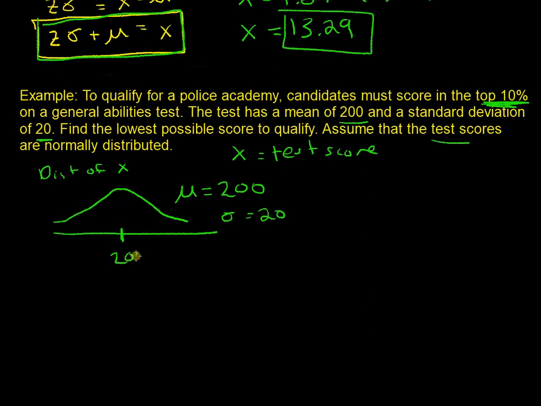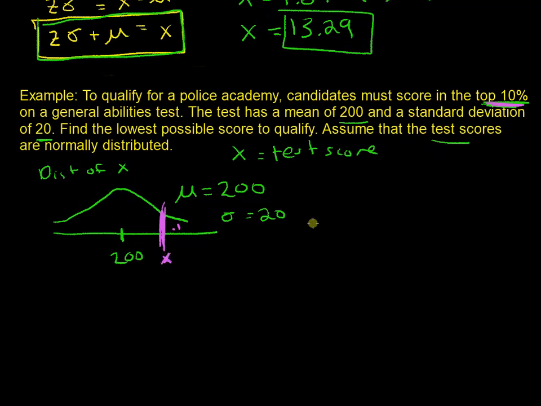We're trying to find where the cutoff for the top 10 percent is. That cutoff will be the lowest possible score that you can get and still qualify. So here's 0.1 of the population, the top 10%, and we're looking for what is this value of x, this cutoff here?